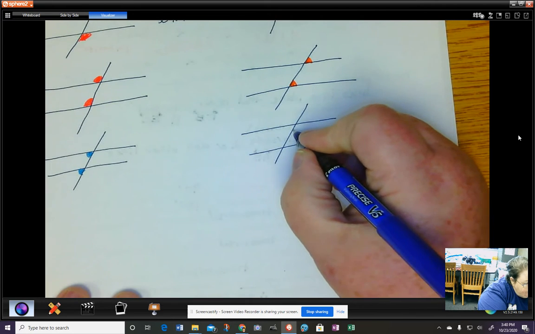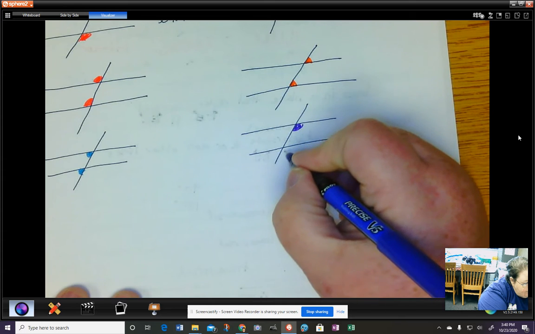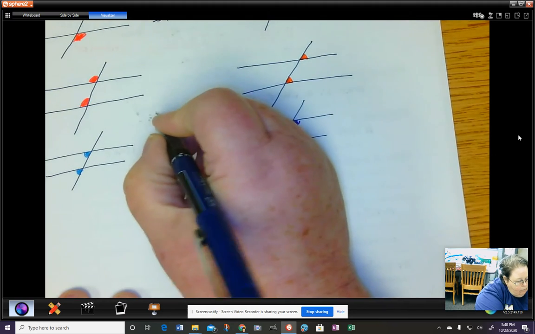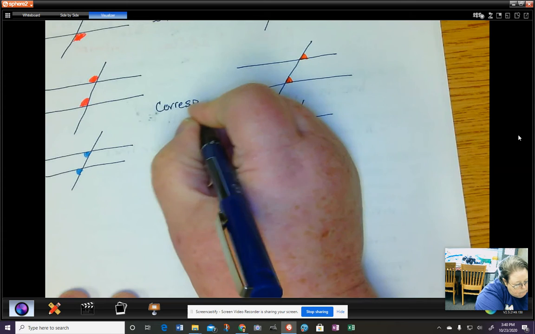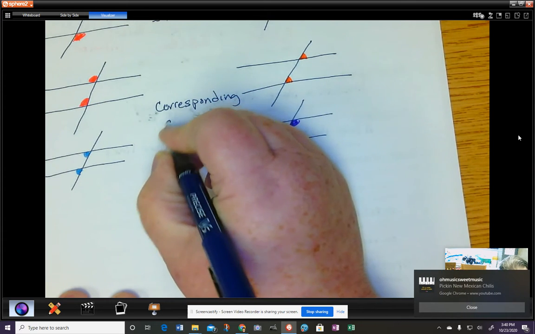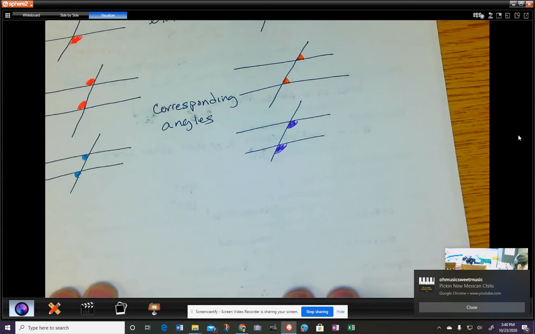If I take this angle and slide it down the transversal, it would end up right here. These are my four corresponding angles. Okay? You have 1, 2, 3, 4 of those.